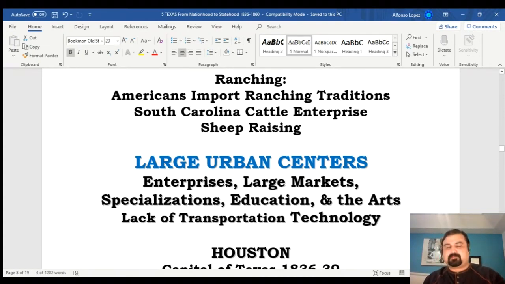So those are the three most important enterprises. Again, the small farm, Texas farm, family enterprise, and it's very complex to understand it again.